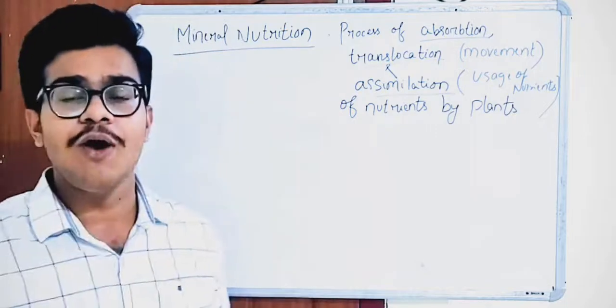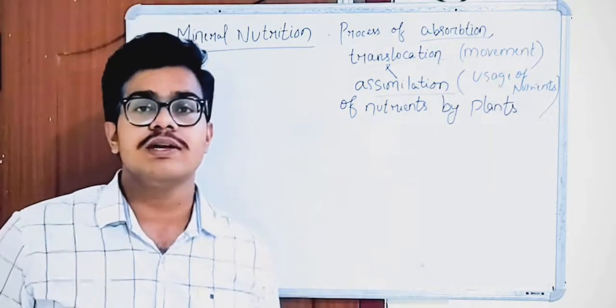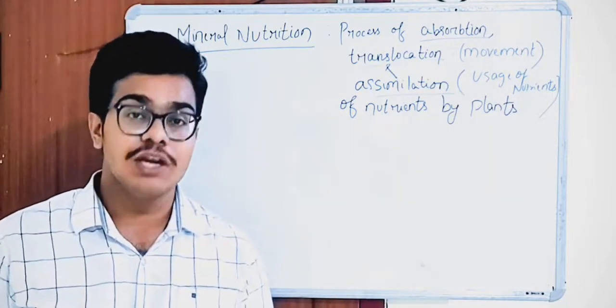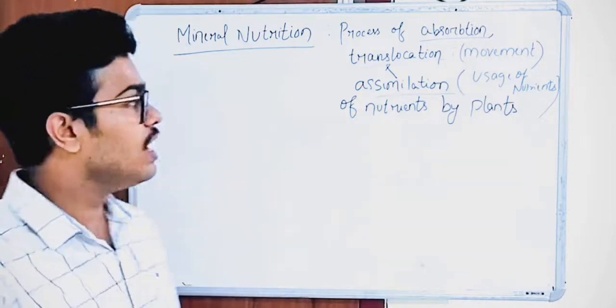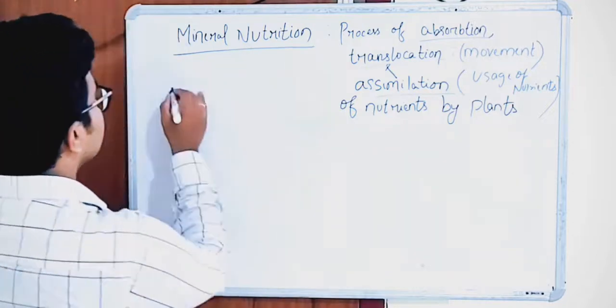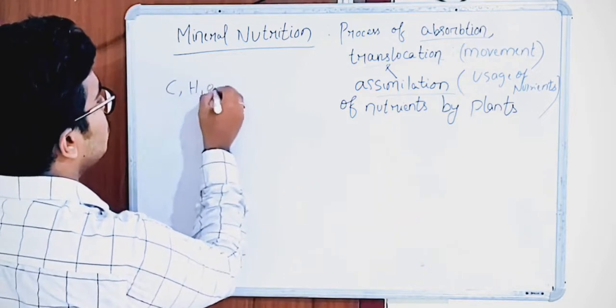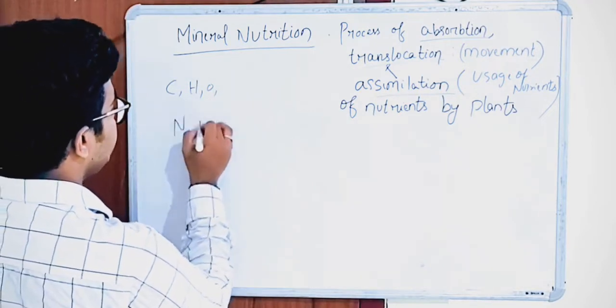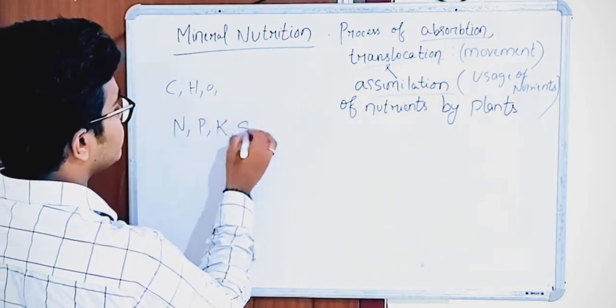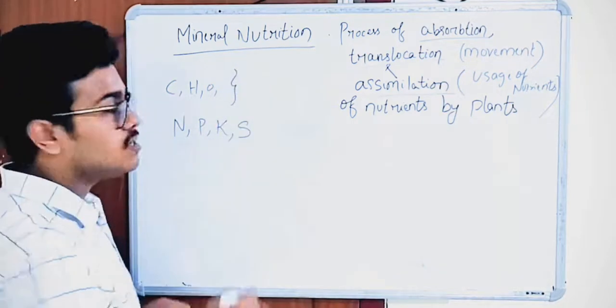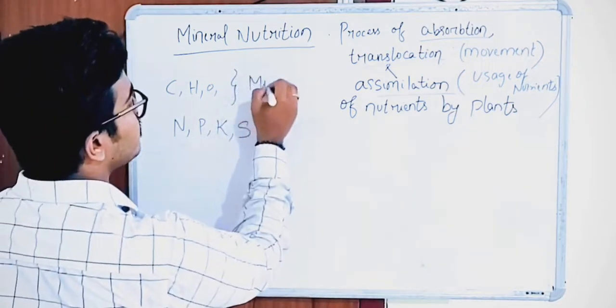Now let's study the main essential nutrients that we have: C, H, O, N, P, K, S. We must remember that C, H, O are not minerals.